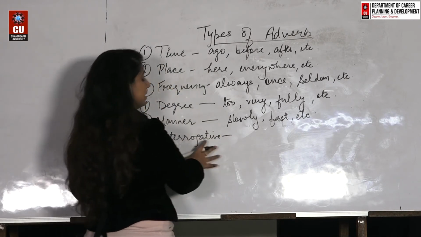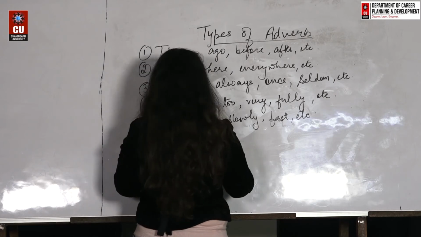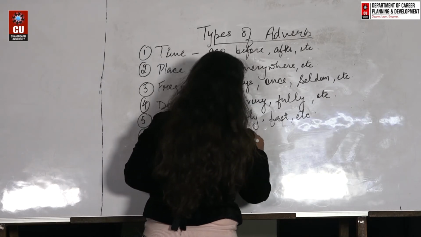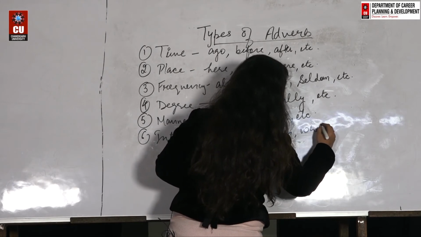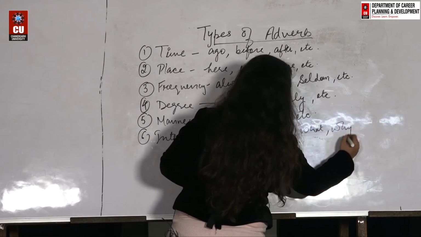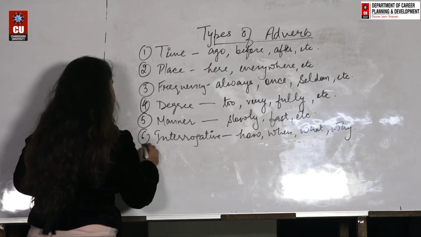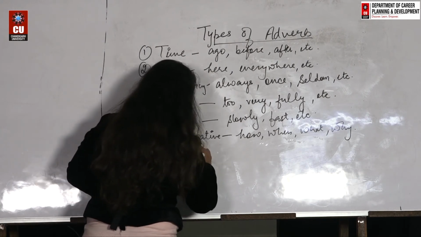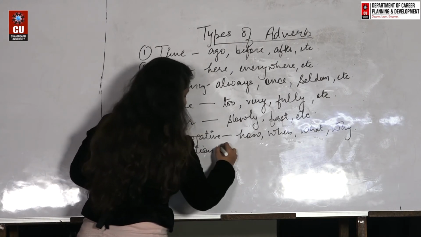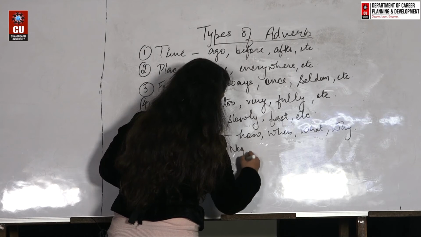Interrogative adverbs consist of how, when, what, why. Now the seventh one is affirmation and negation.